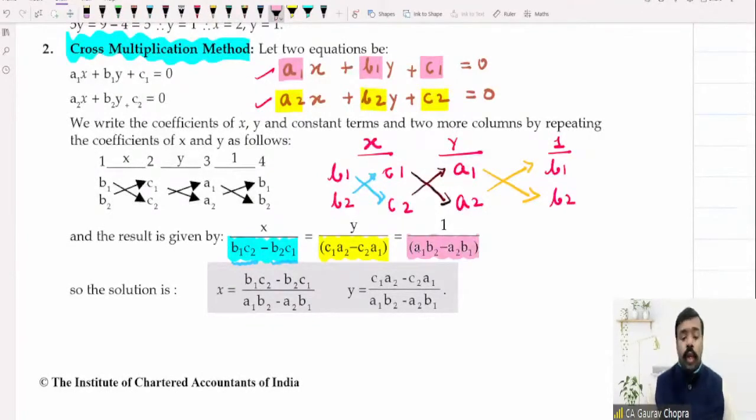Now, to compute the value of x, just compare x with the constant part. And to compute the value of y, just compare the y portion and the constant portion.